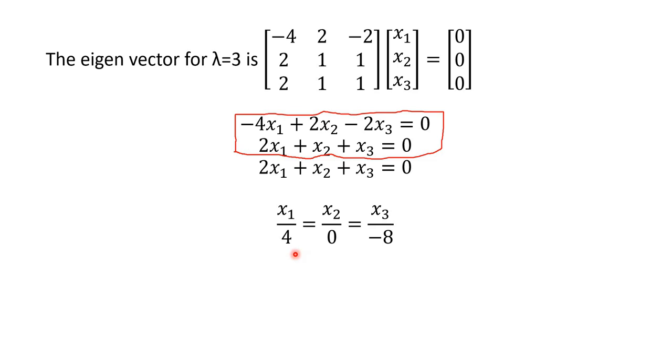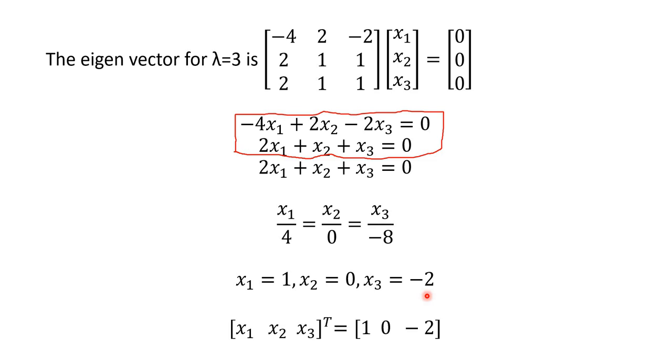This 4 is a common factor for these values, so we divide throughout by 4. We have the eigenvector x1 is equal to 1, x2 equal to 0 and x3 is equal to minus 2. The eigenvector for lambda equal to 3 is x1, x2, x3 equal to 1, 0, minus 2.